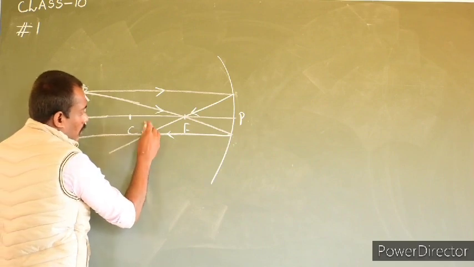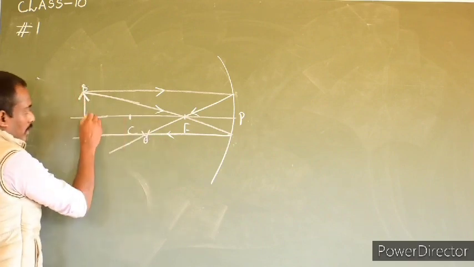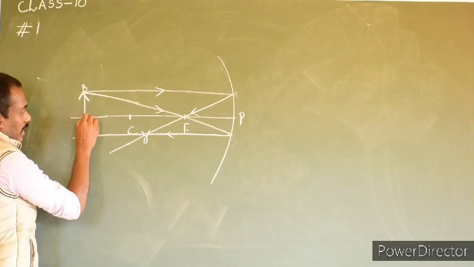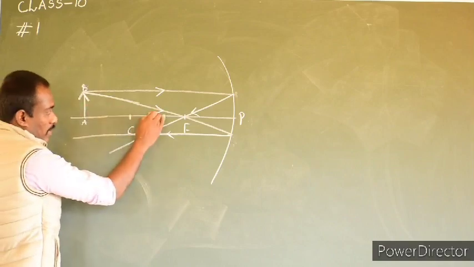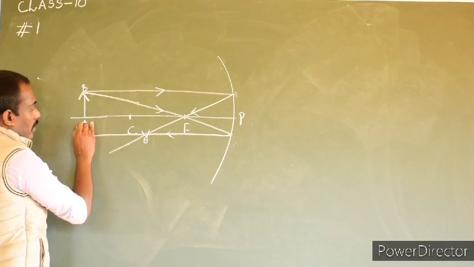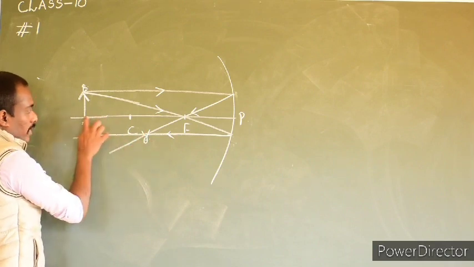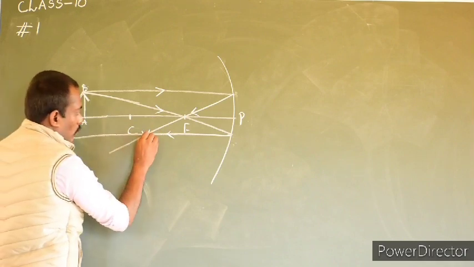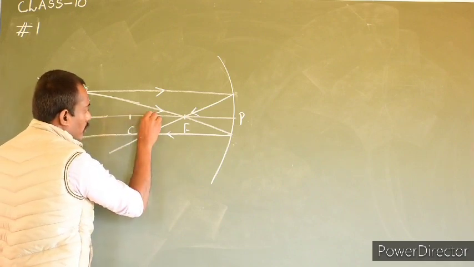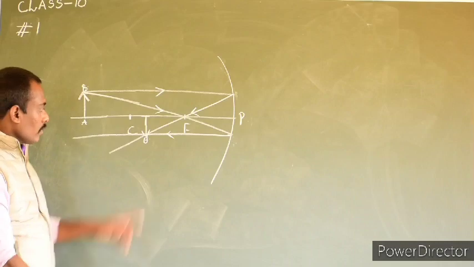And since the object is AB, the point A is on the principal axis, and in the image also this point has to be on the principal axis. So this is the point where the image is formed.